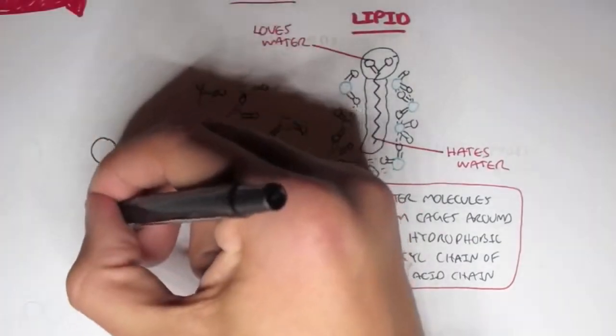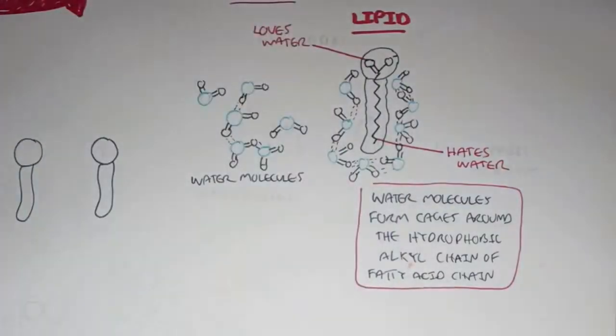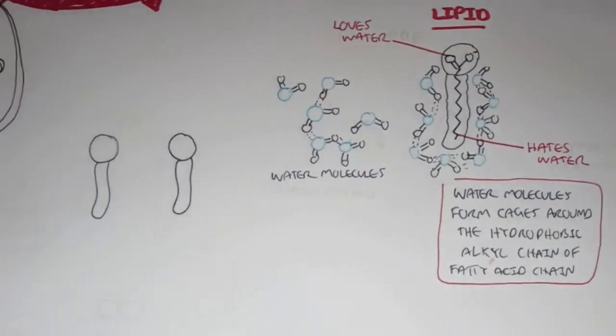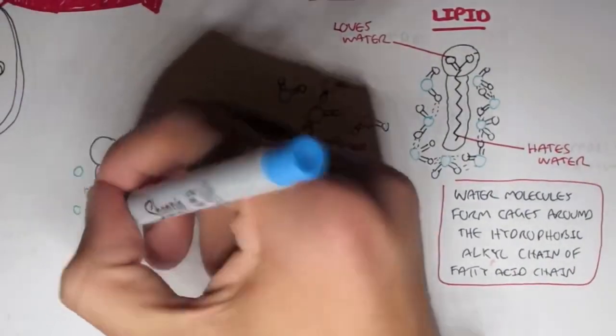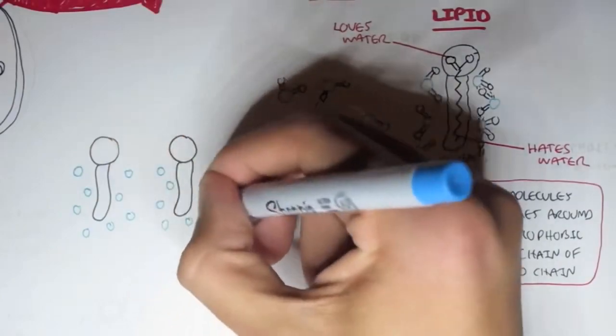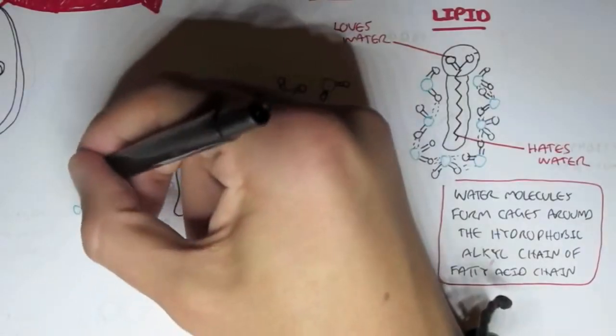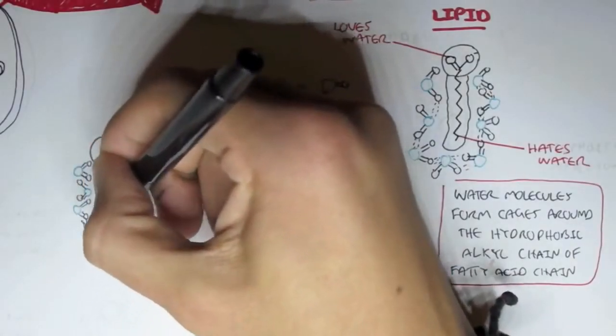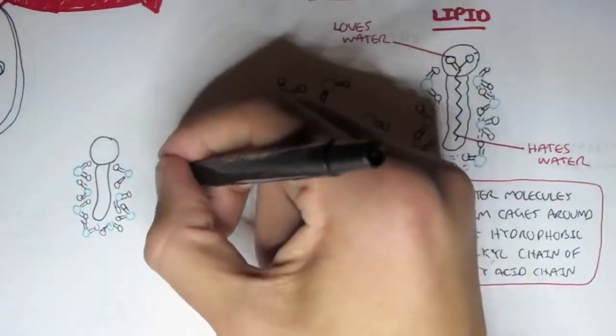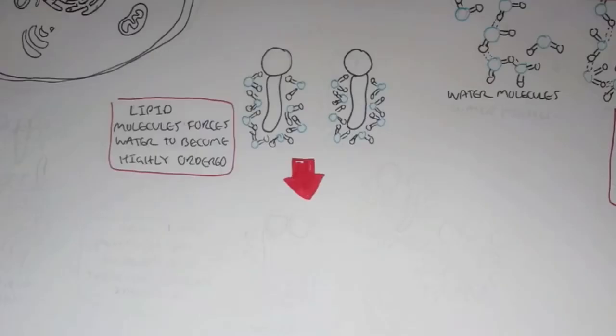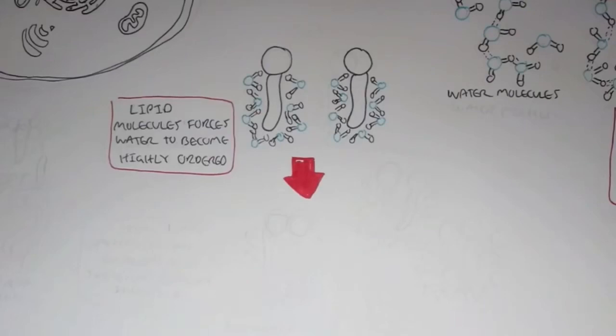For example, if we have two lipids in solution, the water molecules will surround and cage them like so, and will not form bonds with them because the alkyl group is hydrophobic. And this means that the hydrocarbon chain will force water molecules to become highly ordered.